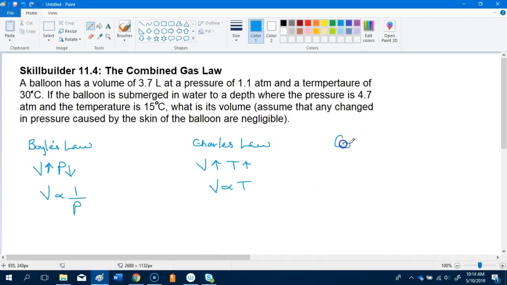When we combine these two laws together, what we see is that volume is directly proportional to temperature, but inversely proportional to pressure.